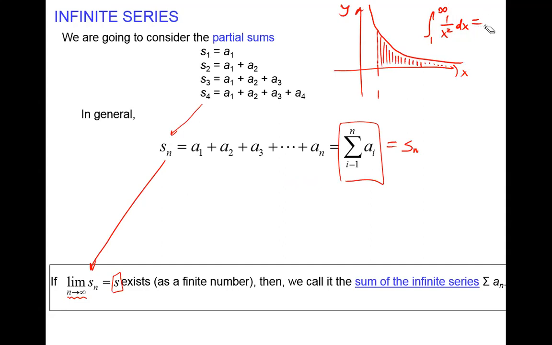I think most of you attended the session: it was convergent to 1. We don't have to know the exact value; the most important thing is that it's convergent. That means something like that, because we constantly add terms, and we may have a finite number.